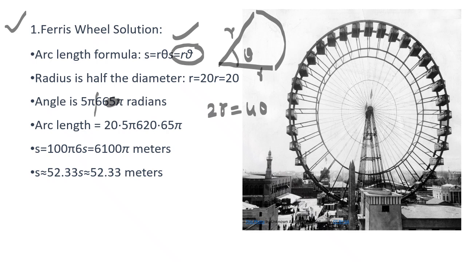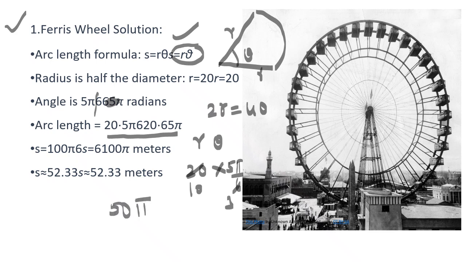To find the arc length, we use r into theta, so 20 into 5 pi by 6. Simplifying, we get 50 pi by 3 meters.